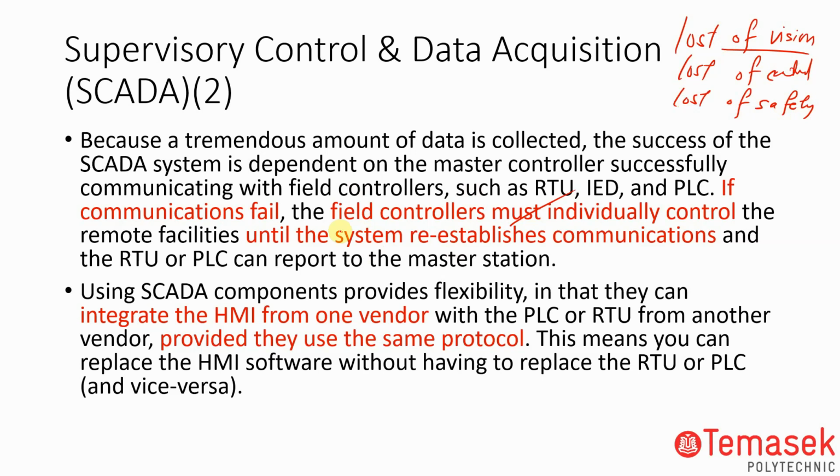Loss of control is more serious. The field controllers must be individually controlled; they need to have some form of automation themselves. If you lose that, it's even more serious than loss of vision, because you cannot see that control is lost. It may kill someone.